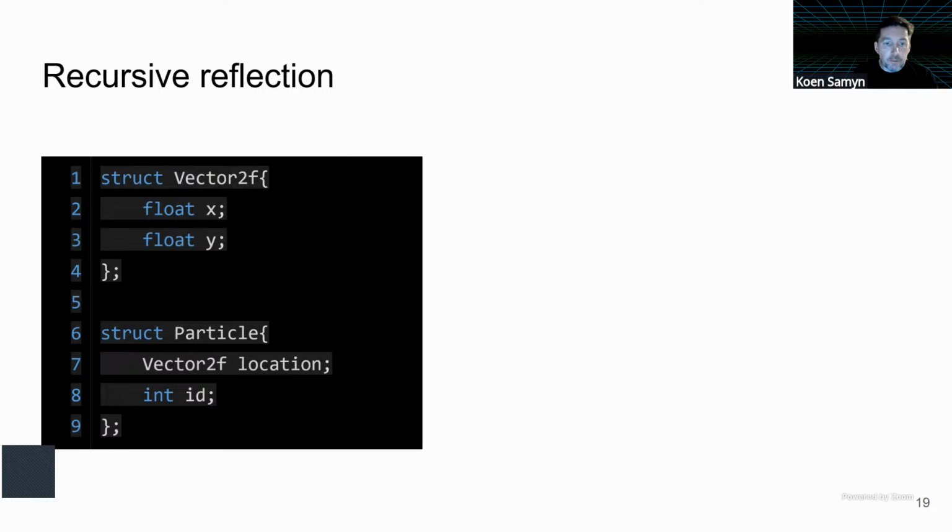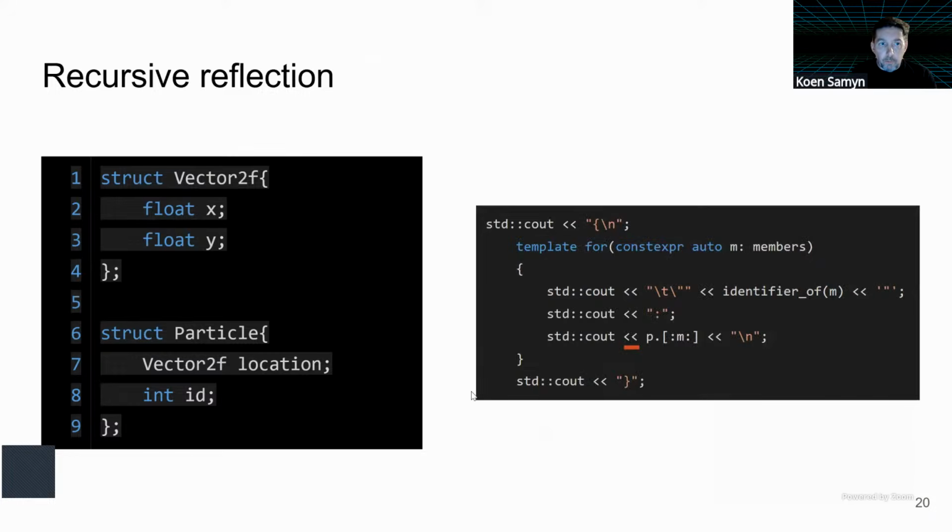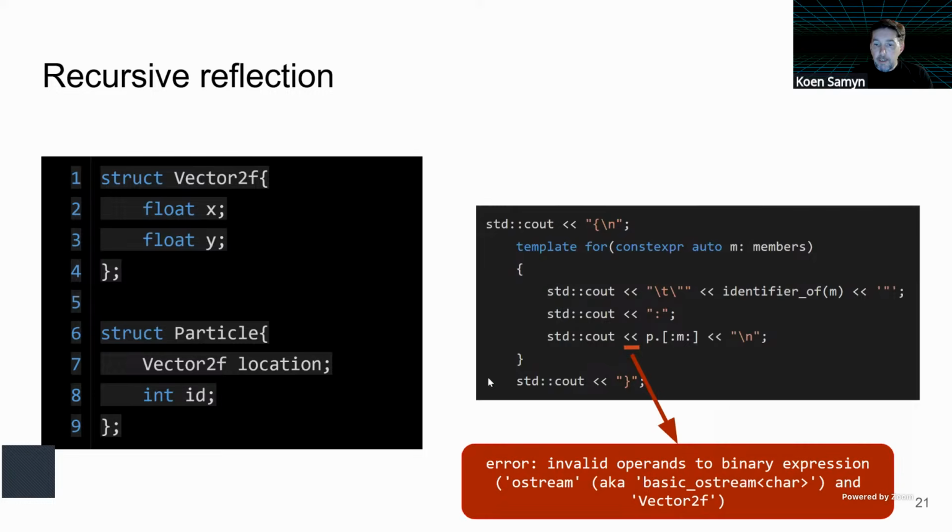And now we have a struct particle with a vector2f location and an int ID. So if I run this now with the code that I had, I get an error when outputting this. Why? It's telling me there is no output operator for vector2f, of course. So I'm trying to write that out, but there's nothing there.